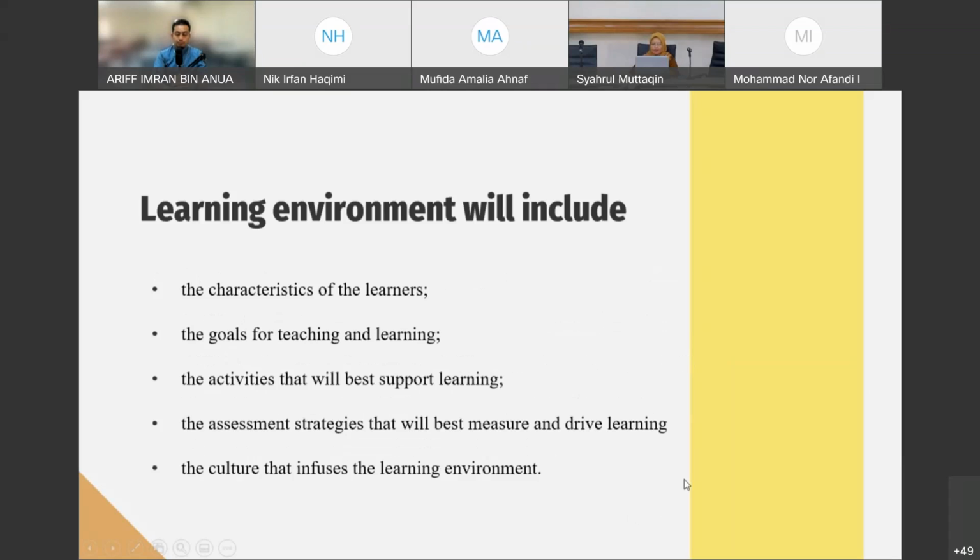Yeah. And the learning environments itself will include the characteristics of the learners, and then the goals for teaching and learning, and then the activities that will best support the learning, and then the assessment strategies that will best measure and drive learning, and then also the culture that infuses the learning environment.